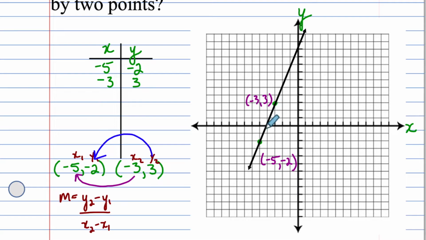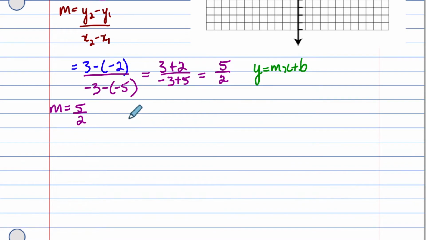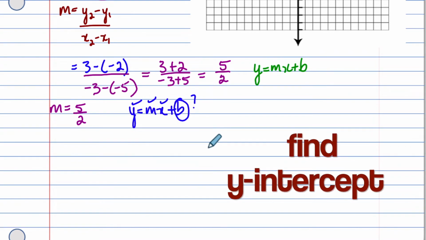We know that, and we used that to find the slope. We can take advantage of the fact that we have at least 1 point. Because remember, in an equation, y is equal to mx plus b. If we have the slope and we have a point, we can find out the b value, or the y-intercept.